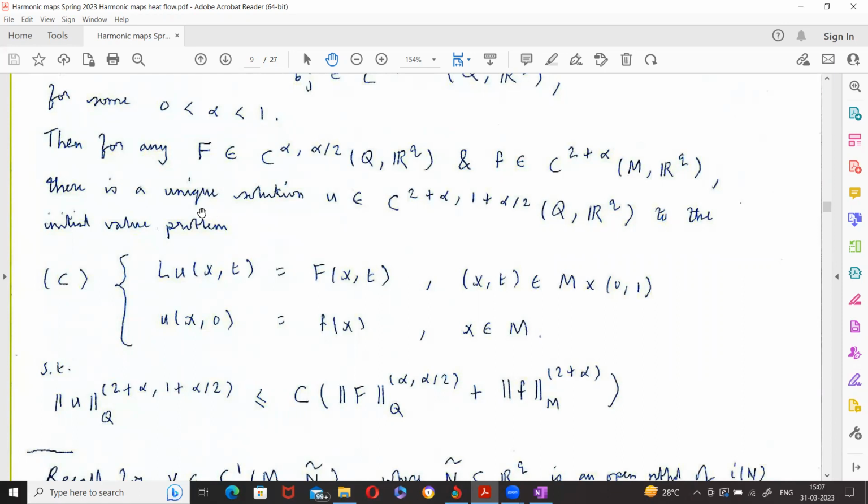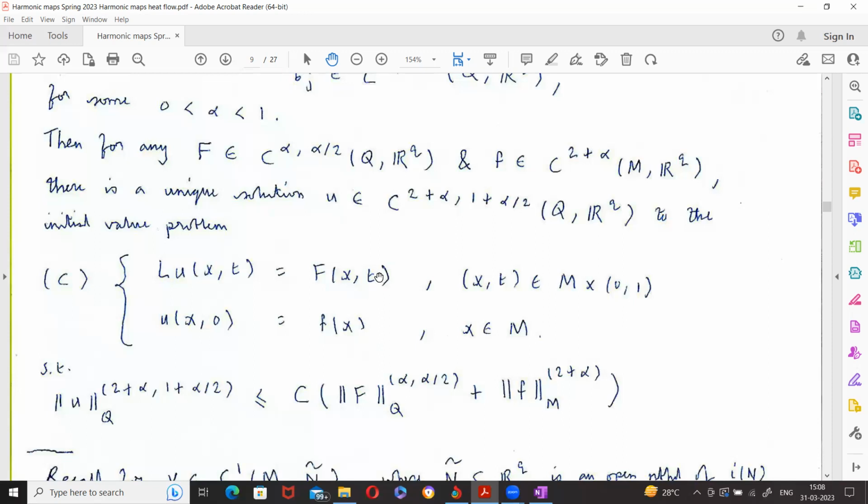Then this theorem says there is a unique solution u in the space C2 plus alpha comma 1 plus alpha by 2. So this is exactly the space we defined. This u is the unique solution to the initial value problem: Lu of x, t is F of x, t for x, t in M cross (0, 1), and u of x comma 0, the initial value, is equal to f of x for x in M. All right.